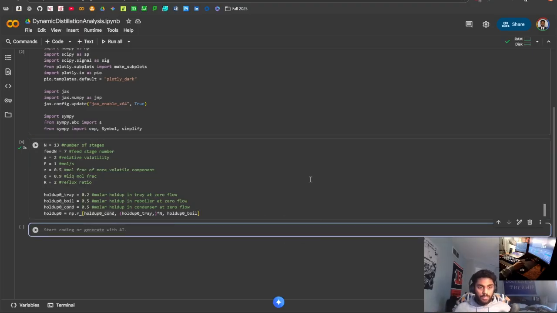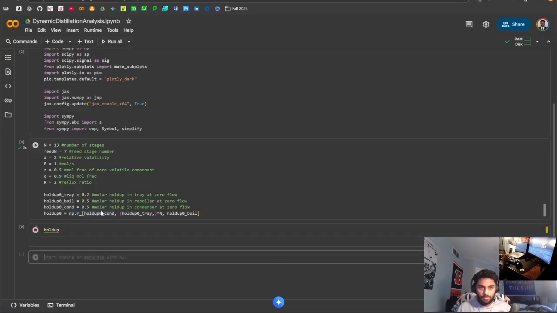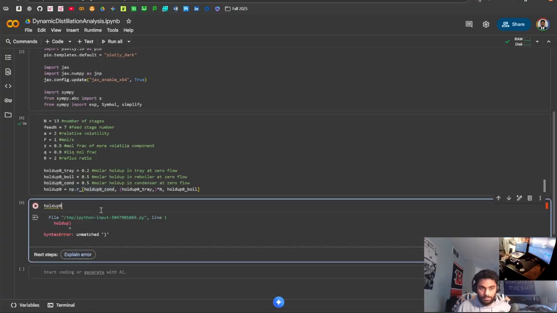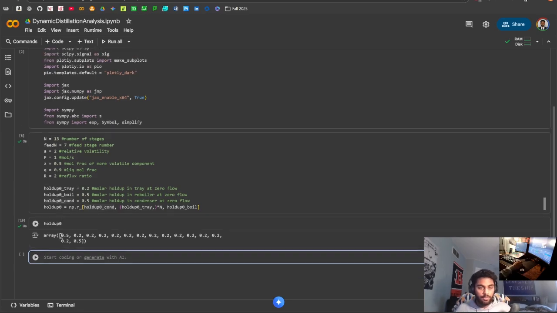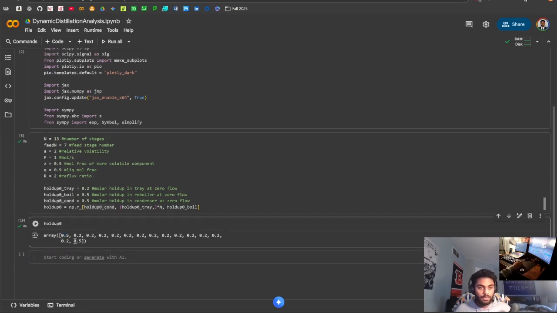So now that we have this initial holdup, you see that we have our condenser, our reboiler, and then 13 trays in the middle. And essentially what's going to end up happening is that this holdup is going to be changing over time as we get our distillation column running.